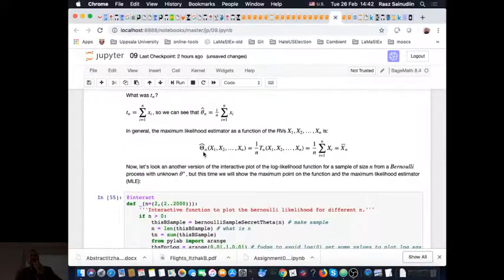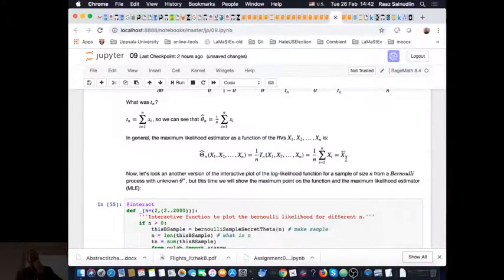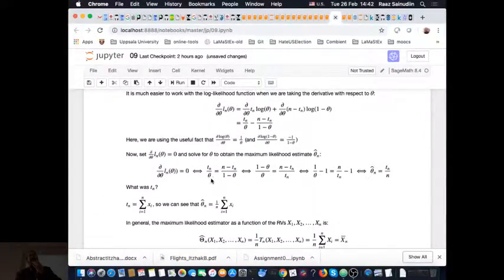We said the maximum likelihood estimator is the sample mean, because we solved for the log likelihood function, set it equal to 0, and realized that when theta is the sample mean, Tn, the sum divided by n, we get the maximum of the log likelihood function. So I'm going directly after the maximum likelihood estimator of the New Zealand Lotto balls as they come out every week, by using all the information up to now.